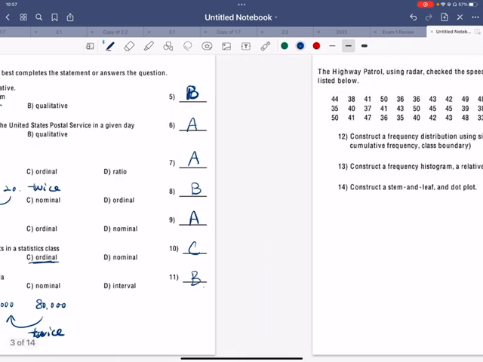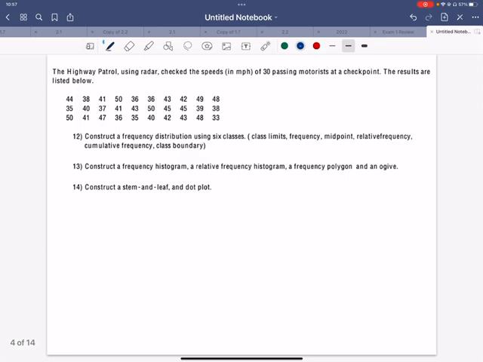Okay, move on. This is a very long question. I'll roughly go through it. I'm not going to do all the graphs. It's going to take hours probably to finish all the graphs here. However, I will try to finish the frequency distribution.